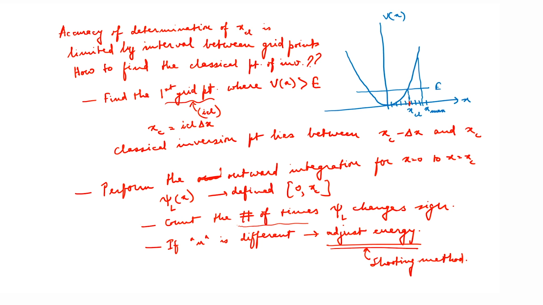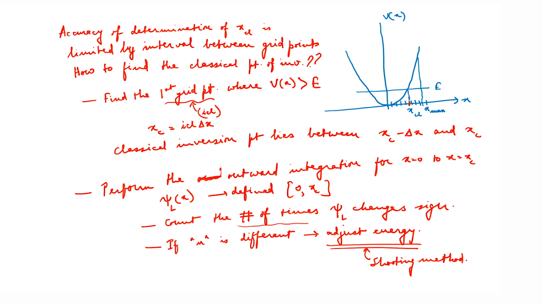Another thing to keep in mind is that in all cases, your wave function will not have any nodes beyond the classical point of inversion, because beyond it, in the region where the presence of the particle is classically forbidden, the wave function behaves as an exponentially decaying function.